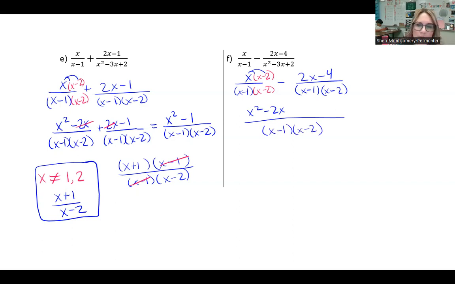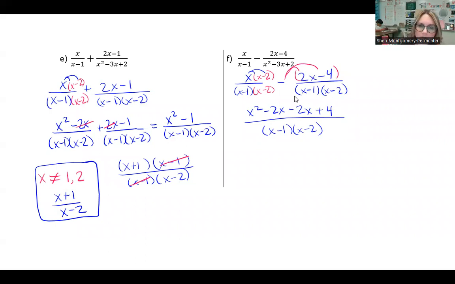But we need to be careful because I'm subtracting. If I'm subtracting, I have to distribute a negative to both of my second terms. This is where most of us will mess up when we're subtracting. So that becomes minus 2x and plus 4. Because I'm subtracting, I have to subtract everything. So I subtract 2x and I subtract -4, which means I add 4. So when you subtract, you've got to distribute to both pieces, or however many pieces are there.